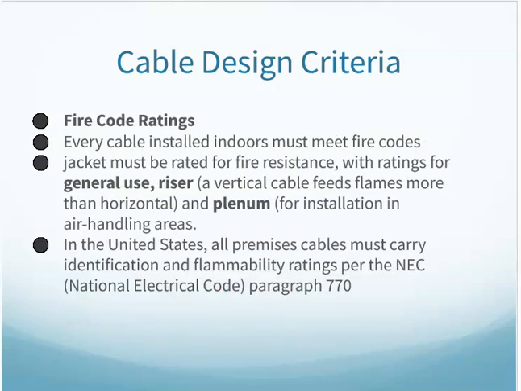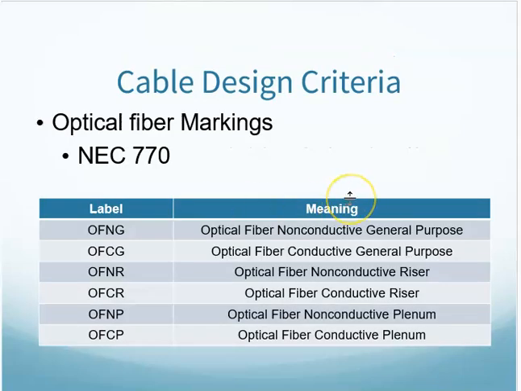Fire code ratings. As I move cabling inside, I need to worry about the fire code ratings: general, riser, plenum, etc. And in the US, they remind us about the National Electrical Code, Section 770, which has that broken out. Now, in this chapter, they gave us some additional codes, if you will. Optical fiber non-conductive general, optical fiber conductive general.